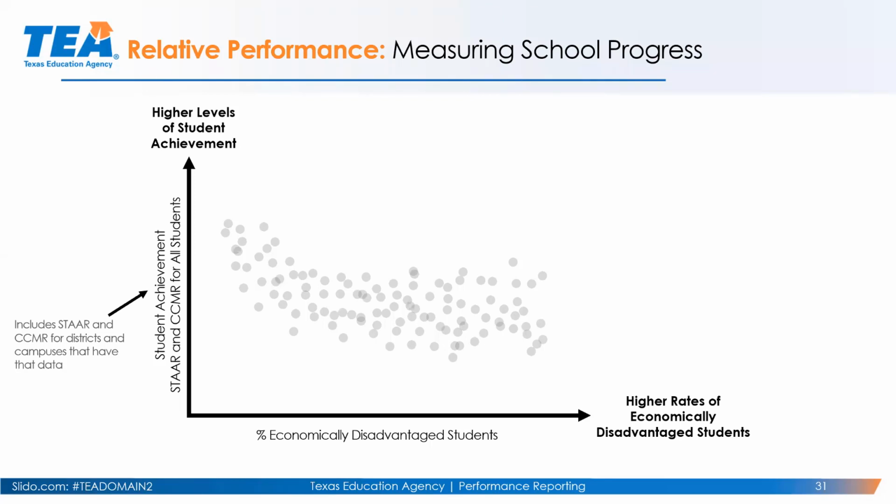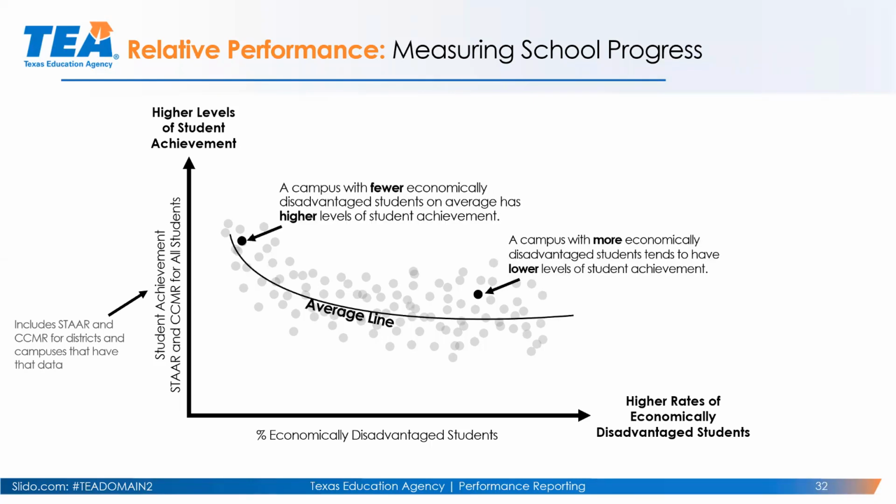Along the bottom, or the x-axis, is the percentage of economically disadvantaged students as reported in the TSDS PEIMS October snapshot. So in this example, each dot represents a campus, and where one falls is determined by its score from the student achievement and CCMR components and its percentage of students who are considered economically disadvantaged.